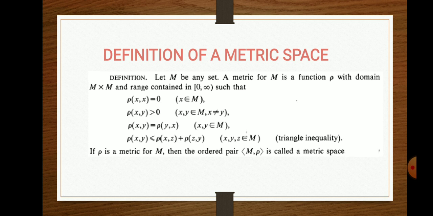That means for any set M, we can define a metric if it satisfies the four conditions.